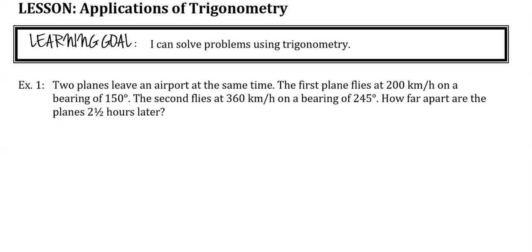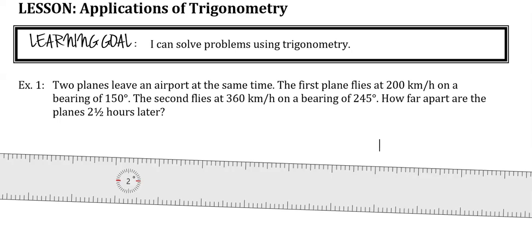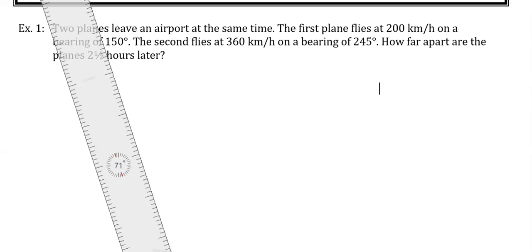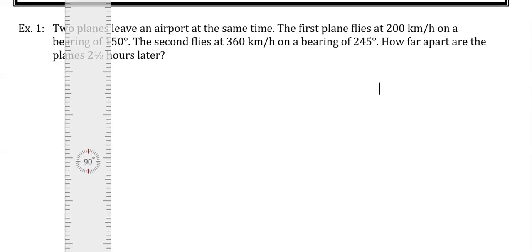Does anybody remember doing these in grade 10? Vaguely remember what to do at all, really? Okay, let's see if we can figure it out. So first of all, we're going to draw with our ruler. Across.